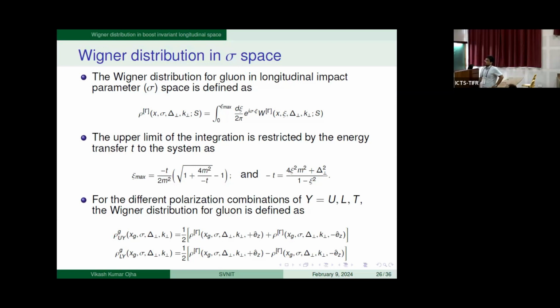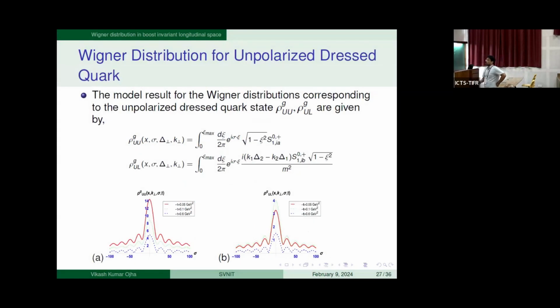Using various combinations of S and gamma, we can define this, which is the Wigner distribution of gluon in an unpolarized or longitudinally polarized target. This is the Fourier transform of these GTMDs, and this is the Fourier transform of another GTMD; these are the two Wigner distributions.